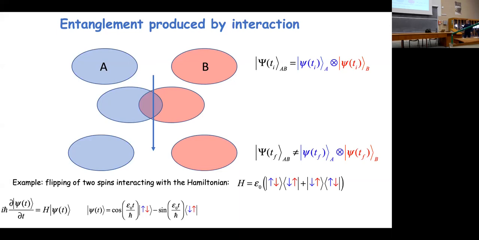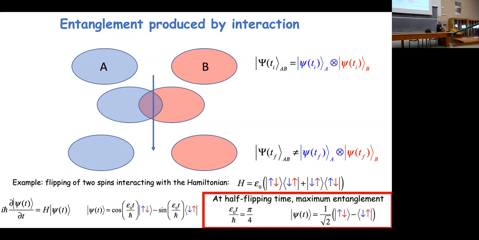If you put this Hamiltonian in Schrodinger's equation, you find the general solution: psi of t oscillates between this state and the other state, with a cosine and sine function, which are proportional to the coupling constant, the energy that I have put here, epsilon naught. So you see that you have a kind of flip-flop between the two.